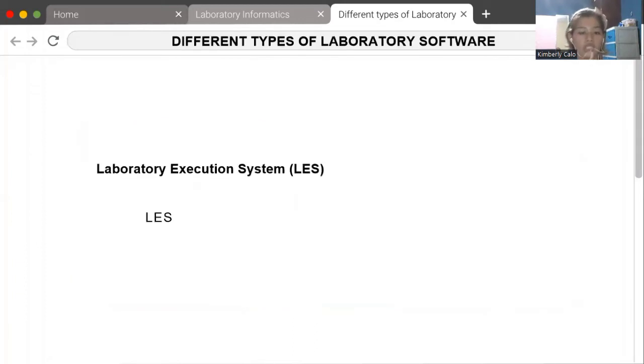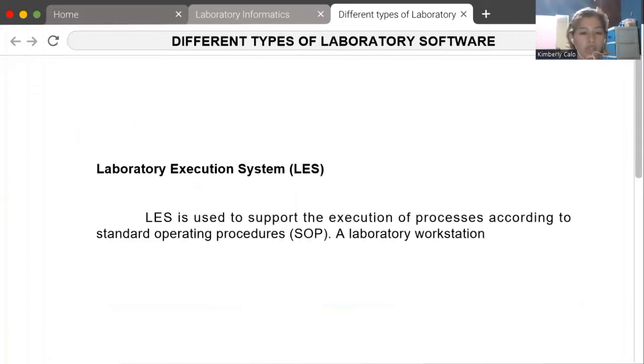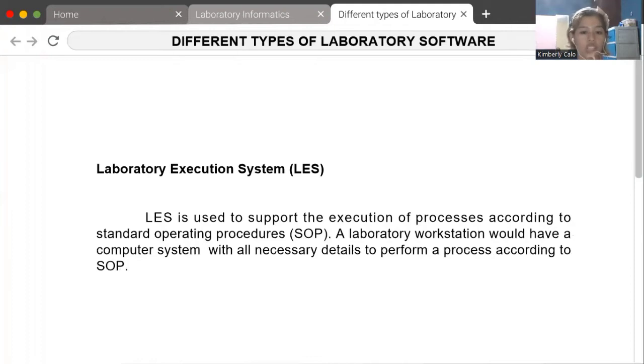Next one is the LES or the Laboratory Execution System. LES is used to support the execution of processes according to the Standard Operating Procedures or SOP. A laboratory workstation would have a computer system with all necessary details to perform a process according to SOPs.